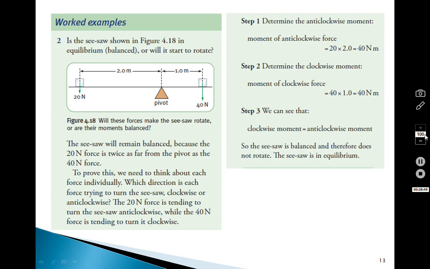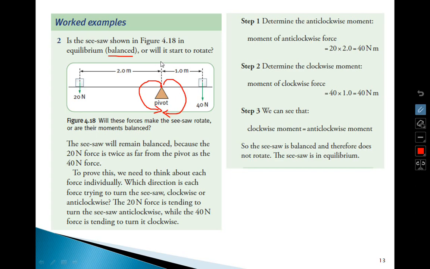Now to determine if the seesaw is balanced or not, as we said before, the condition of balance is what? The clockwise moment is equal to the anti-clockwise moment.